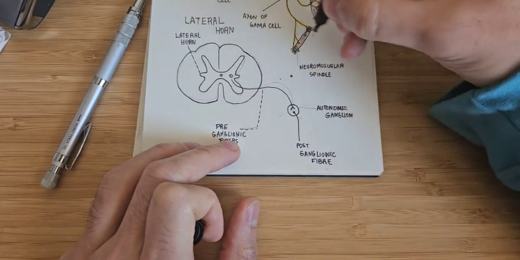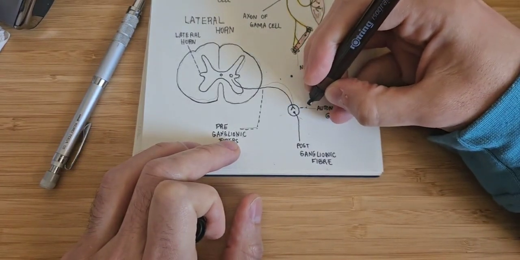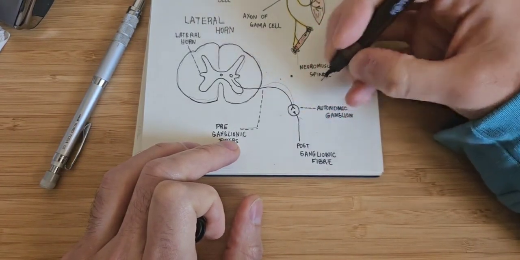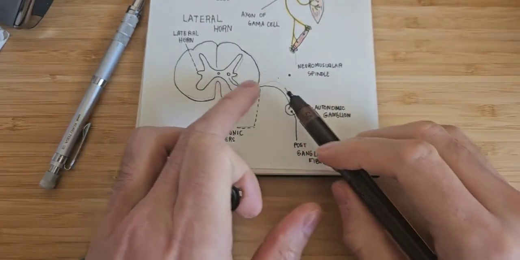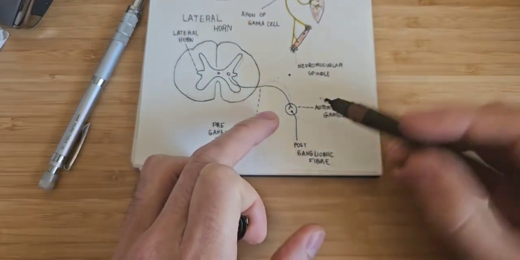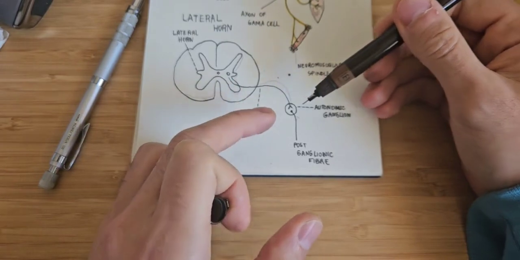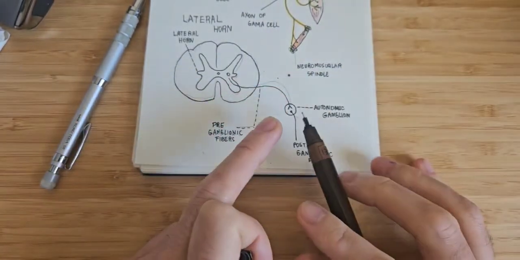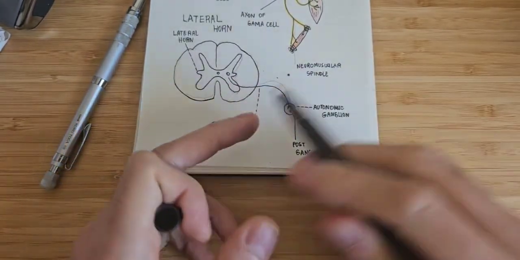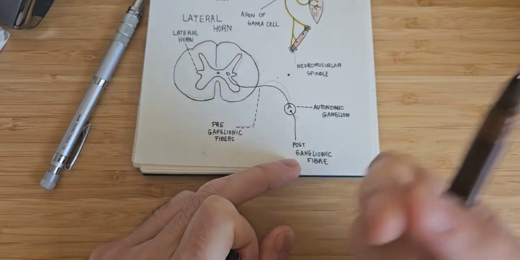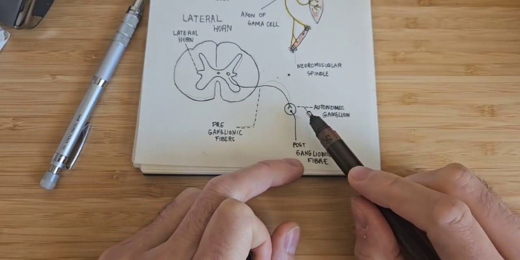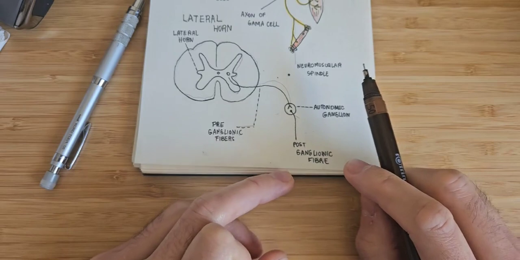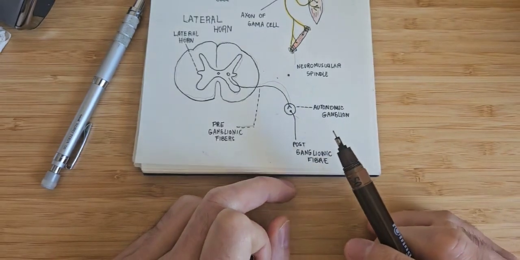So now we have this other structure here, that is the autonomic ganglia, and after exiting the spinal cord, the preganglionic fibers will travel to autonomic ganglia, which are collections of postganglionic neurons.